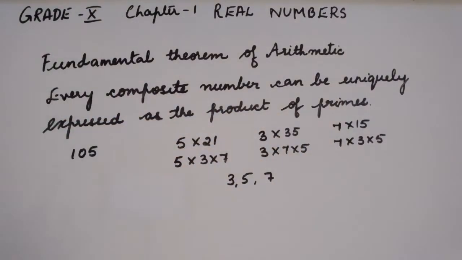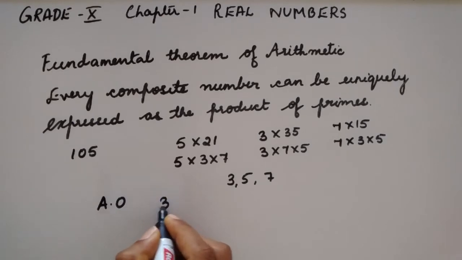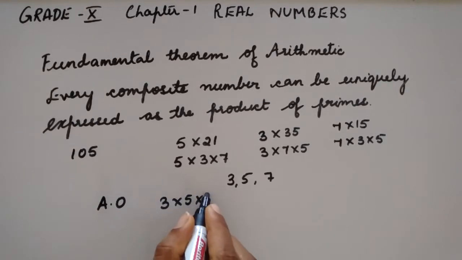So this is called the fundamental theorem of arithmetic. And there is a standard form to write this order. We have to write the prime factors in ascending order. So the ascending order will be 3 into 5 into 7.